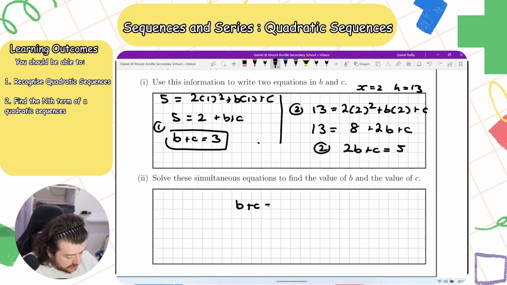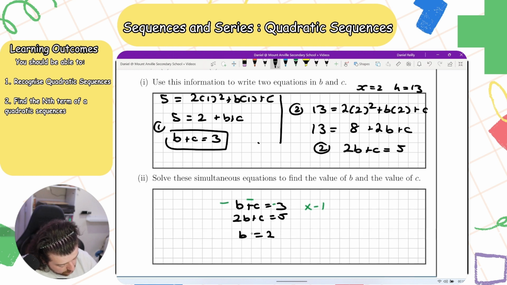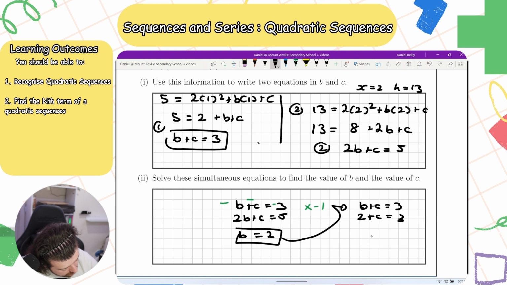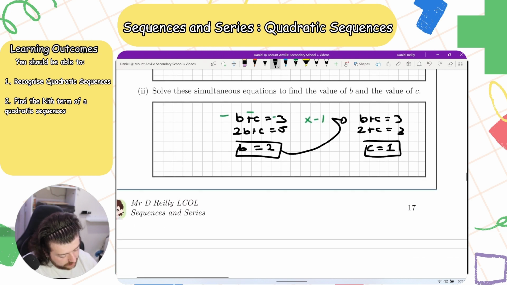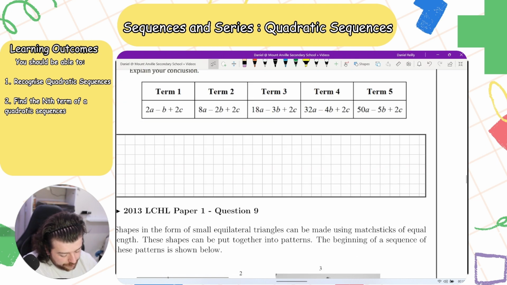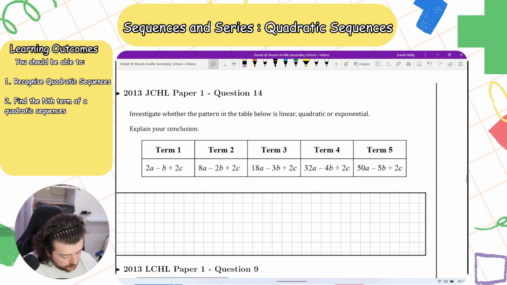So b plus c is equal to 3. 2b plus c is equal to 5. Top line by minus 1, minus b minus c minus 3. That's going to be b is equal to 2. Sub in, I have b plus c is equal to 3. 2 plus c is equal to 3. C is equal to 1. There we go.